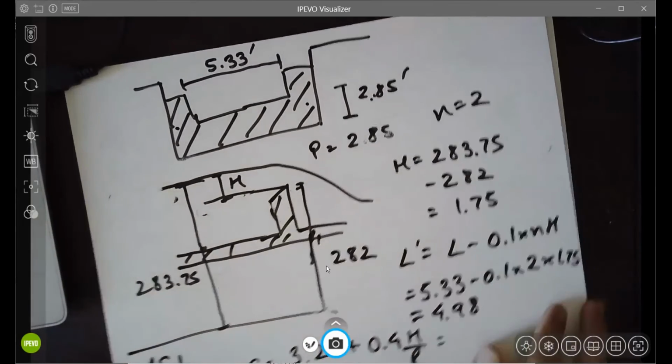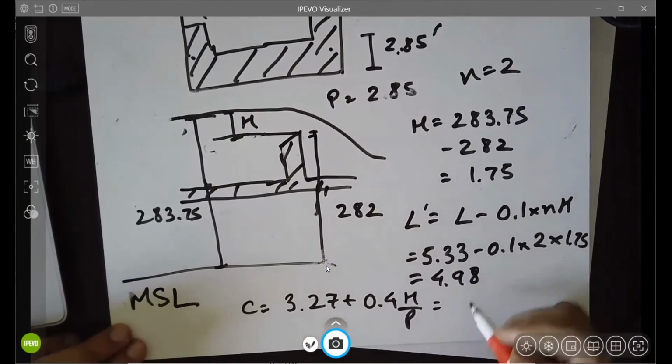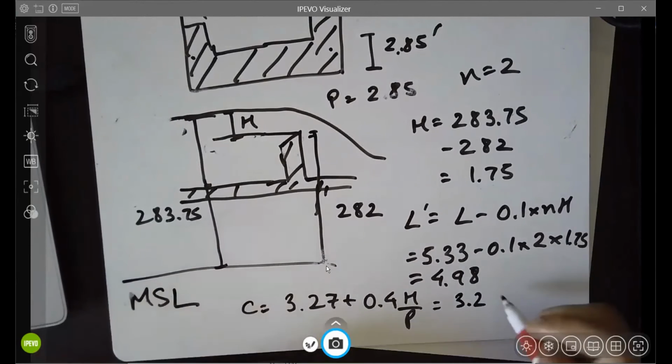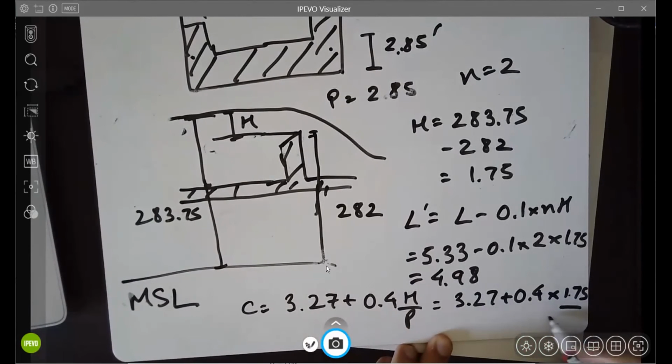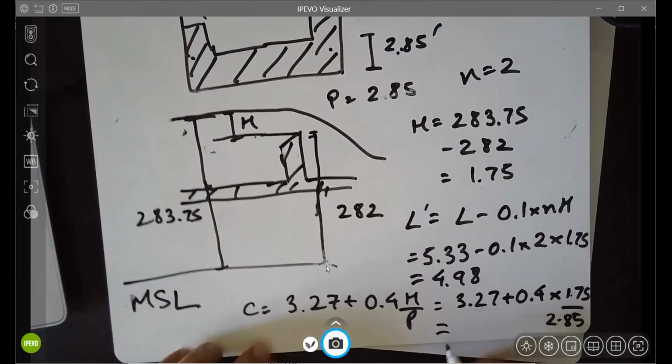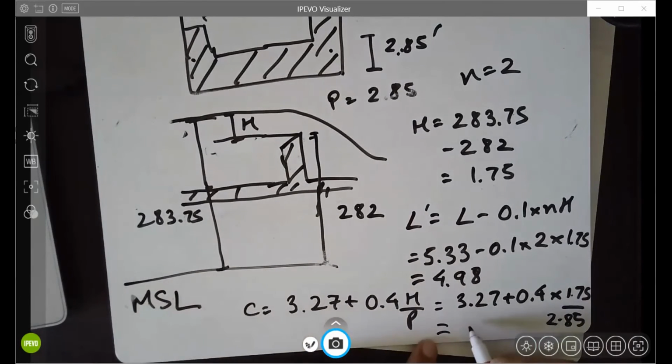C is 3.27 plus 0.4 into H by P, so 3.27 plus 0.4 into 1.75 divided by 2.85, which is equal to 3.516.